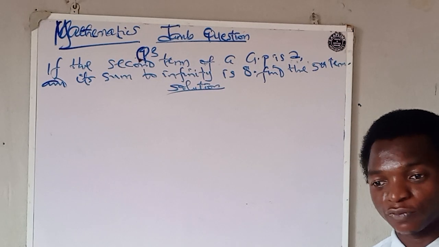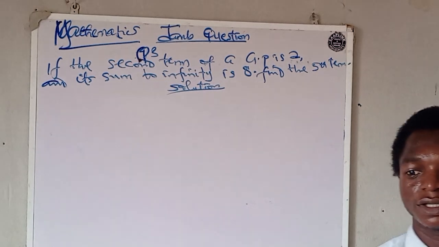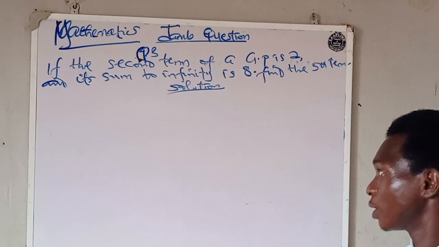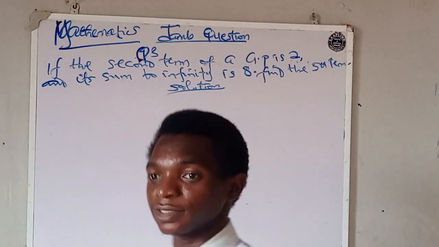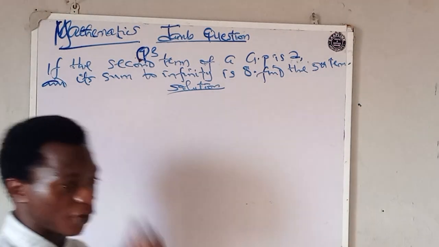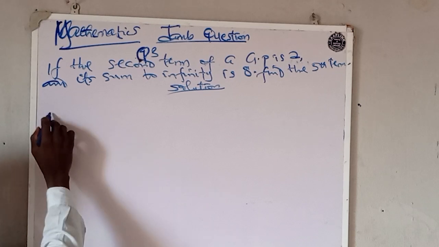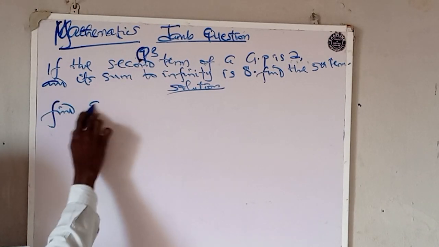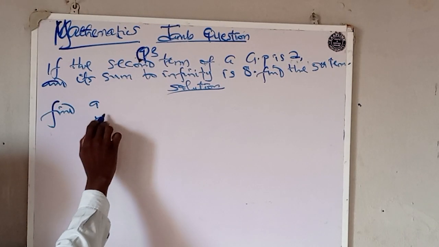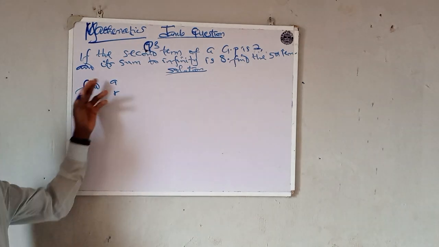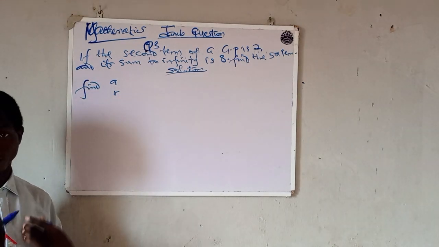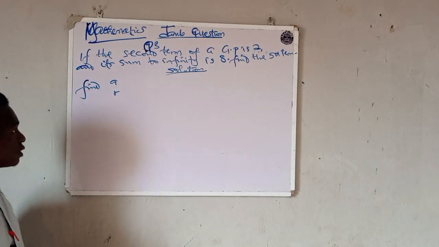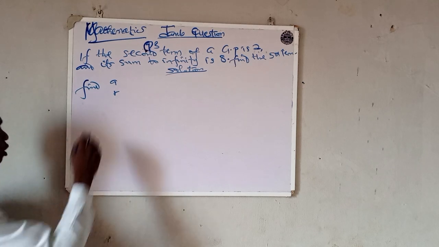What will be the fifth term of the GP? In a case like this, we need to first find your A and R, the first term and your common ratio respectively.